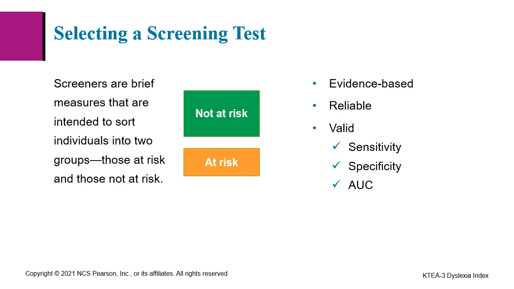The sensitivity of a dyslexia screening test refers to its strength in finding true positives, that is, individuals who have dyslexia. The specificity refers to its strength in eliminating true negatives, that is, individuals who do not have dyslexia. AUC estimates range from 0.50 chance accuracy to 1.0 perfect accuracy.